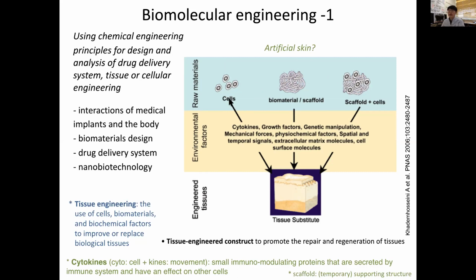And to make it more relevant, we need to also consider environmental factors. This includes cytokines, growth factors, genetic manipulation, mechanical forces, physical-chemical factors, spatial and temporal signals, extracellular matrix molecules, and cell surface molecules. These factors intricately interact and create an environment like what happens in our body as a tissue. These can create an engineered tissue so that we can create a tissue substitute.